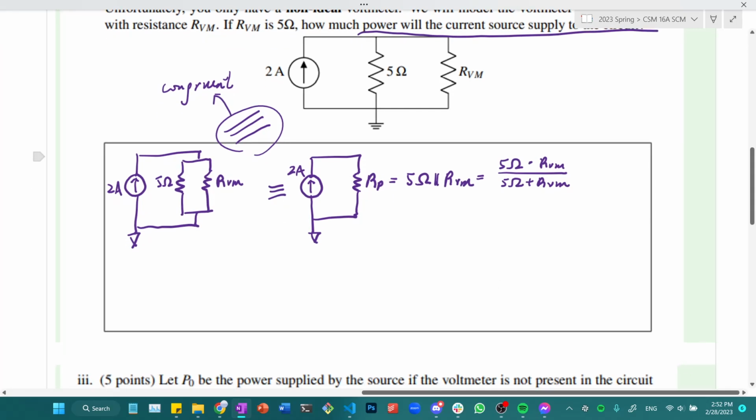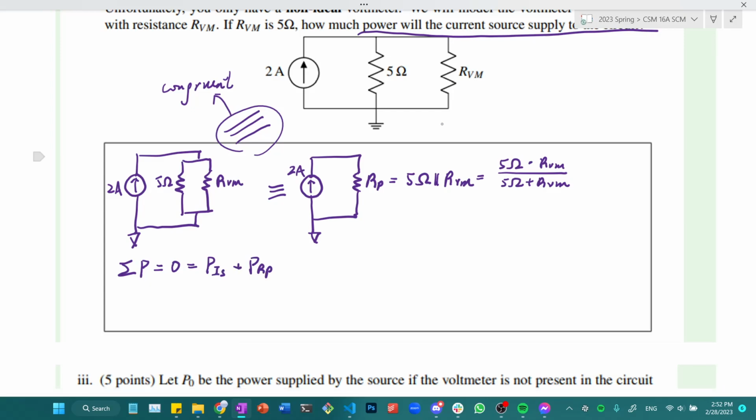That's pretty useful. But for now, let's keep in mind again that the total power of the circuit is 0, which is equal to the power of the current source plus the power of the parallel resistor. Let's draw the passive sign convention out again so we can clearly label what's going on.